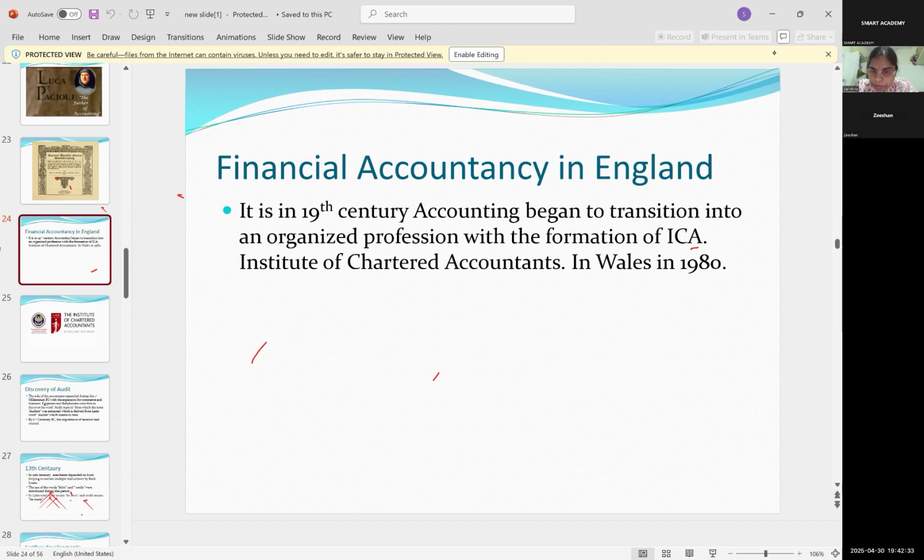Right. Now the same thing: whatever rules and regulations this Institute of Chartered Accountants frames, all those rules and regulations are the same. Whatever the country may be, they have to follow the same rules and regulations. Whether it is America, England, India, Pakistan, China, whatever it is, if you are an accountant, whatever rules and regulations they are framing, you should follow them.